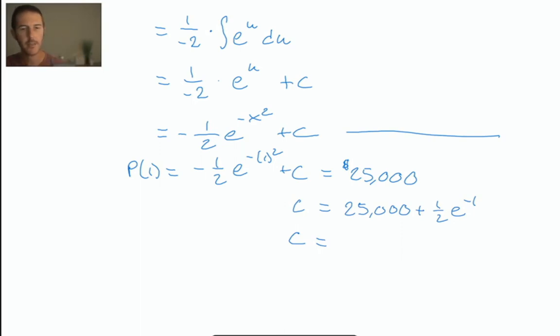And I'm going to hit the e to the x button, which is above the natural log. But in order to get access to that, I have to hit my second button first, which is in the top left. And then I can hit my e to the x, and I get 0.3678 blah blah blah. So that's just e to the -1.